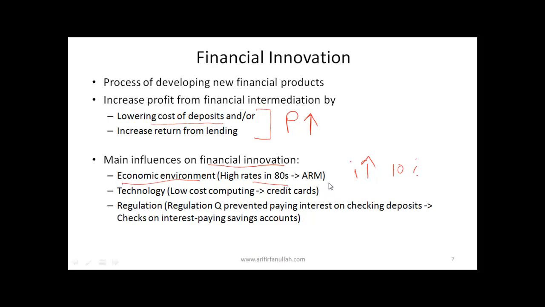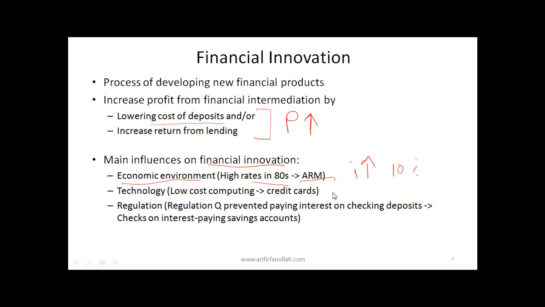So what financial innovation did they do? They came up with this concept of an adjustable rate mortgage. A mortgage is essentially a home loan. So what's an adjustable rate mortgage? Banks would then tell their customers that, look, interest rates are high right now, but you take an adjustable rate mortgage or an adjustable rate loan, which means that when the rates go down in the future, then your interest rate will go down.